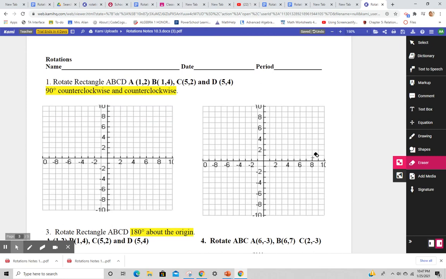All right, so I want you to try this page on your own. Do 90 degrees counterclockwise here, and do 90 degrees clockwise here of the same problem number 1.